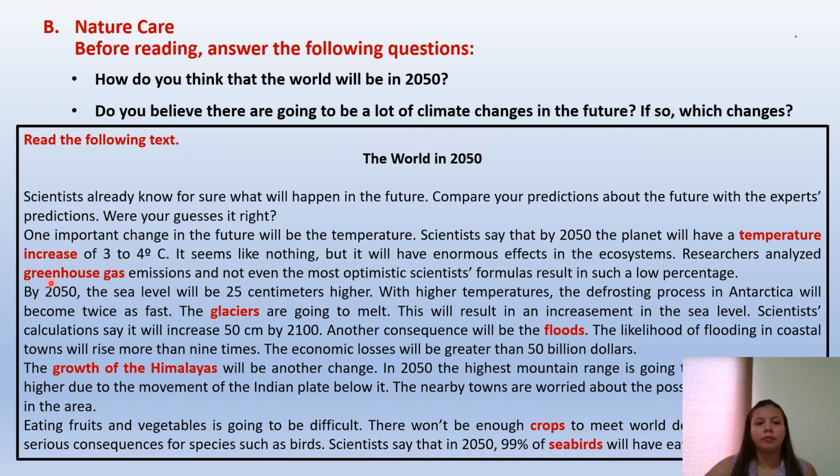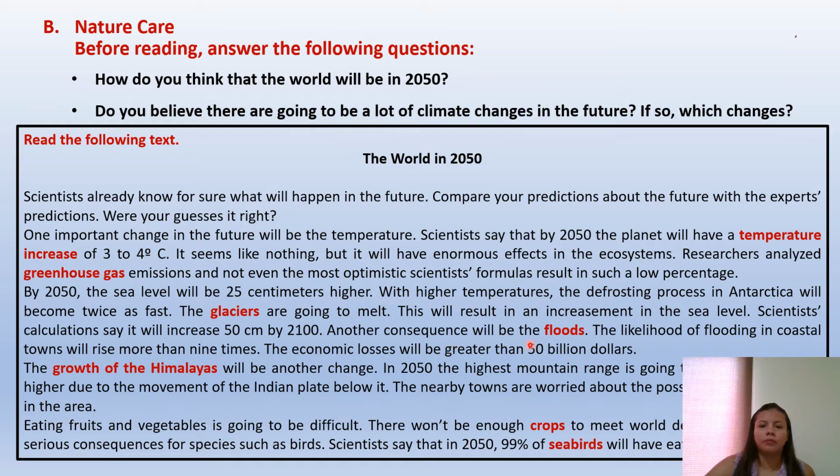Researchers analyzed greenhouse gas emissions, and not even the most optimistic scientists' formulas result in a low percentage. By 2050, the sea level will be 25 centimeters higher. With higher temperatures, the defrosting process in Antarctica will become twice as fast. The glaciers are going to melt. This will result in an increase in the sea level. Scientists' calculations say it will increase 50 centimeters by 2100.